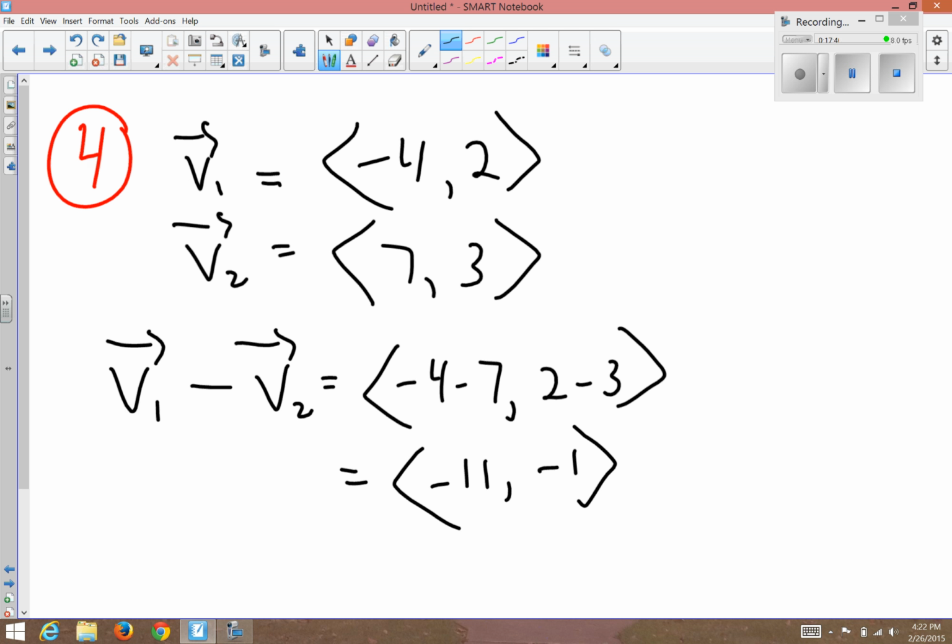So here's what this means in a picture. But before I show you the picture, I'll remind you that this subtraction here, subtracting is always the same as adding the opposite.